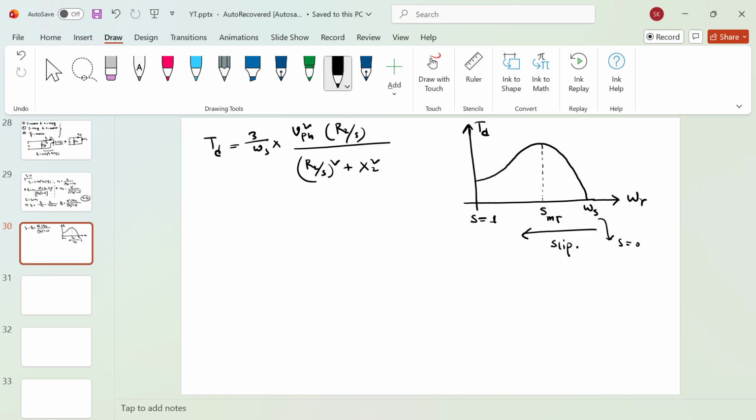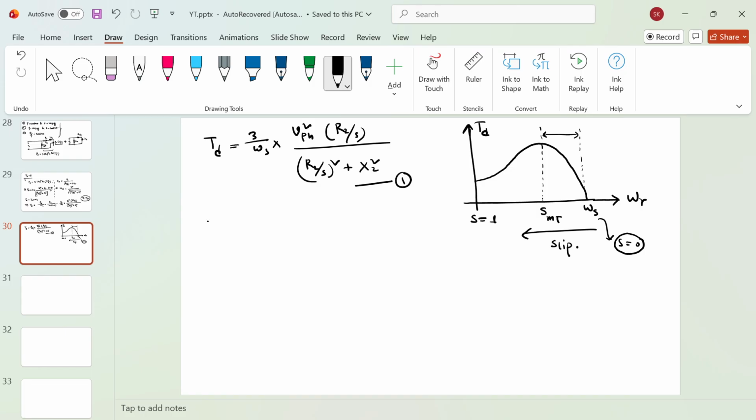Basically slip is zero here. So this is how your characteristics look, and this particular area is what we call the operating area of the induction motor. We call it the low slip region. Why? Because here the slip is very small.